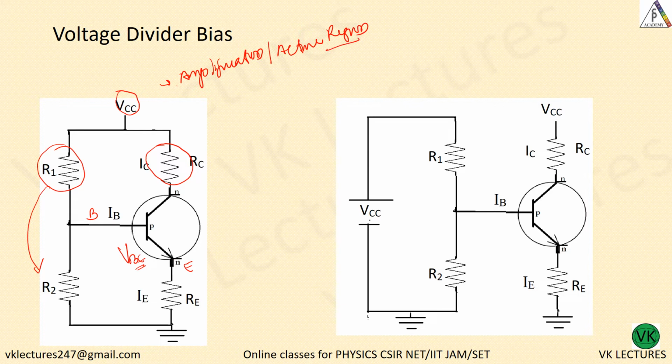Now here in the input side, this VCC is being fed across R1 and R2. They divide them equally. Equally means with respect to R1 and R2.